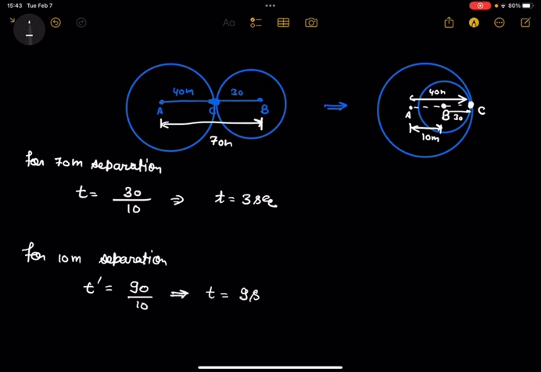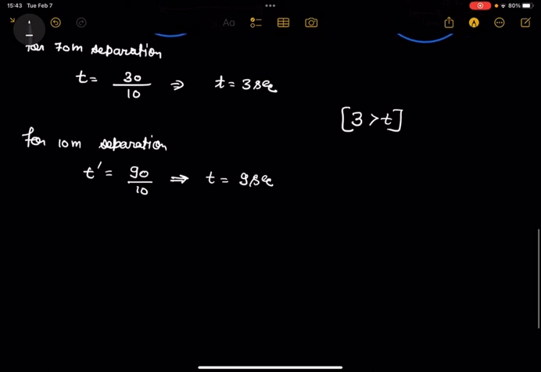So I tell you clearly, you can understand from 3 to 9. Remember, before 3, if the time is less than 3, point C does not fulfill this condition. So for maintaining the condition, the time should be greater than or equal to 3 seconds.